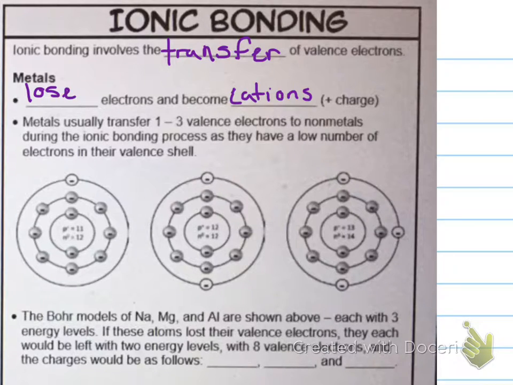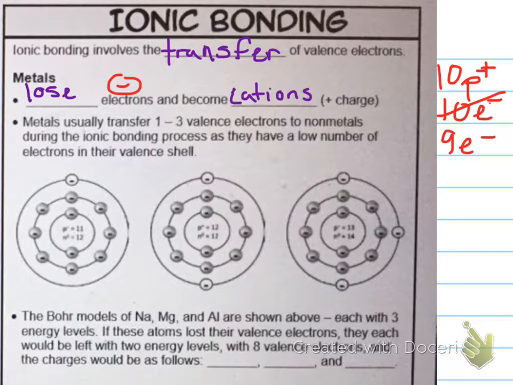If something loses an electron, it loses a negative charge. So if something started out with 10 protons and 10 electrons, and now it loses one of those electrons, so now it has 9 electrons. It now has 10 positive charges and 9 negative charges.